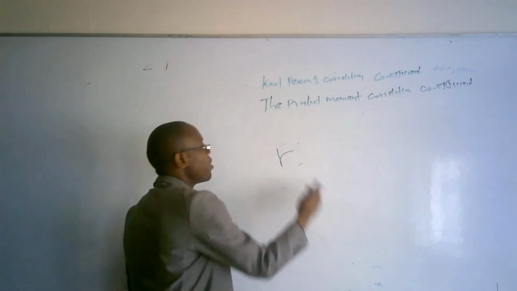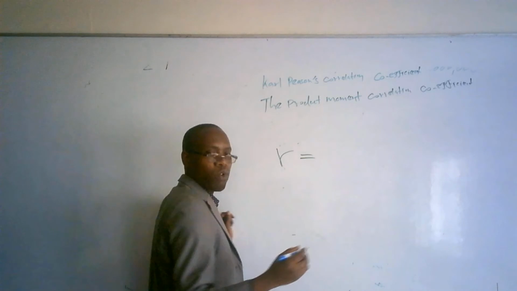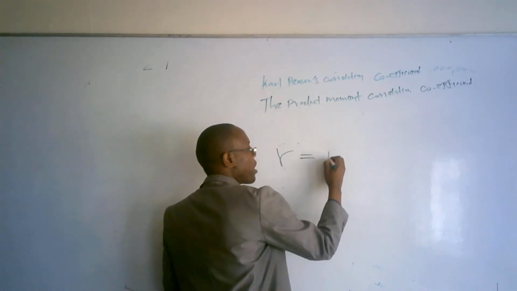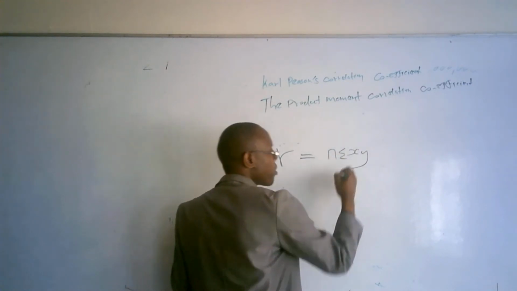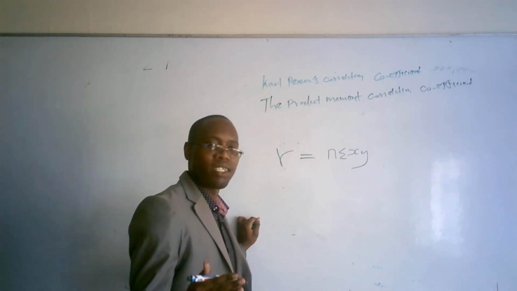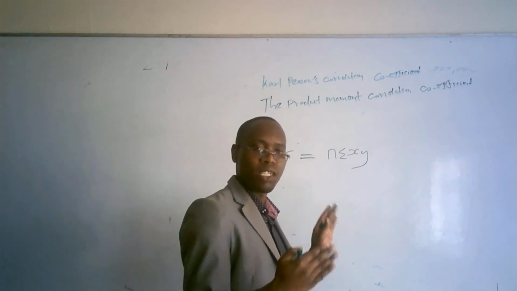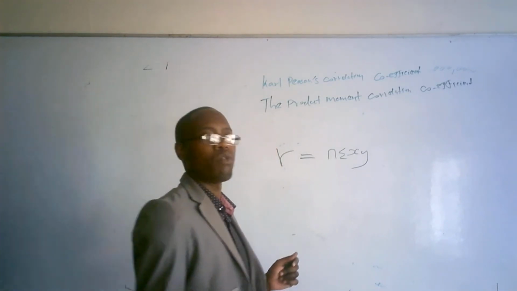The formula for this topic is as follows. We take n summation xy. So it's more of the regression. Remember when you were calculating the regression, getting b, which was the slope, that's what we usually start with. But something is going to change a little bit, and I'm going to show you that.